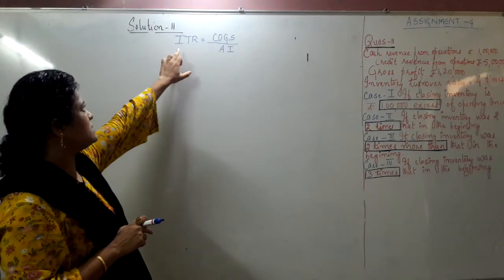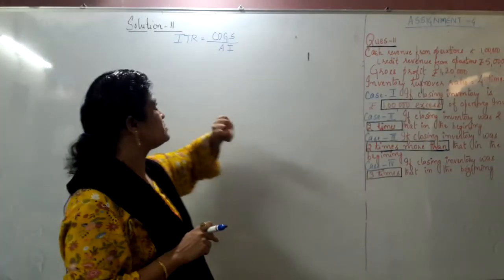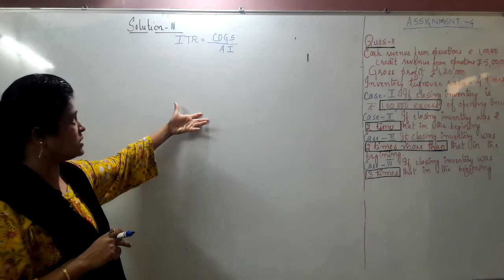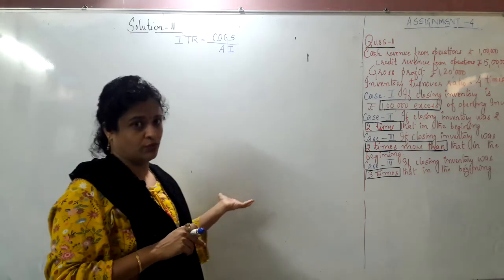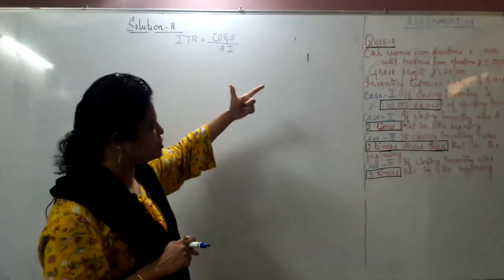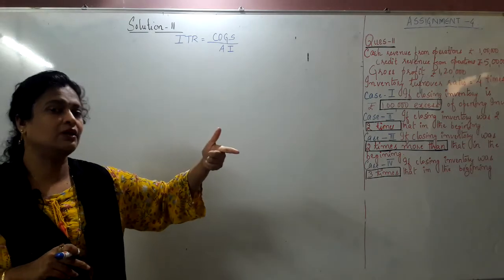The inventory turnover ratio given in the question is 4 times. Cost of goods sold is not given directly, and neither is average inventory. But some extra information is given through which we can calculate the COGS.